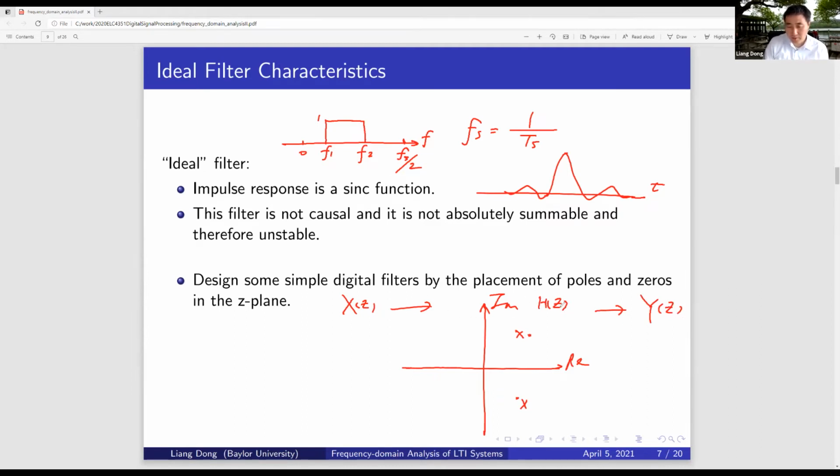So we know it's a multiplication in the Z domain. If you have a pole here, this is a very large number. If you look into 3D, it's going to shoot up to a very large number, which means you emphasize the input signal around this point. Now, on the other hand, if let's say I have a zero here, H(z), meaning that this is just simply a zero. So if I got a point here, you go to the output, this will be nullified. The output will be close to zero.